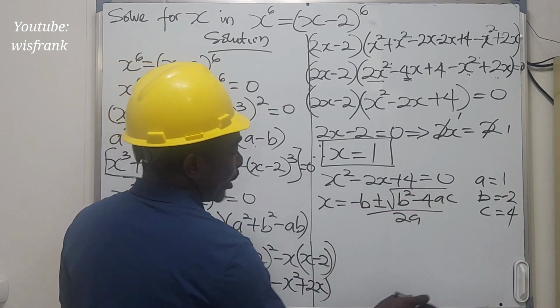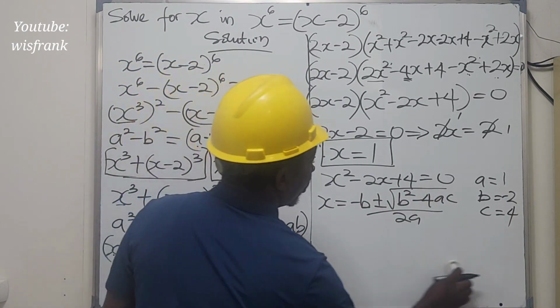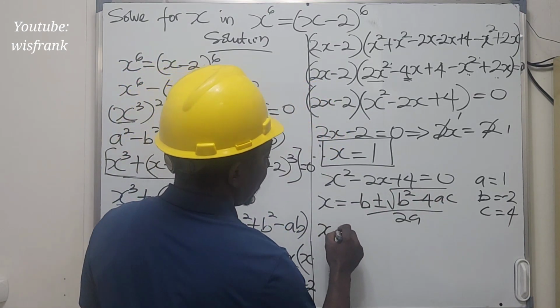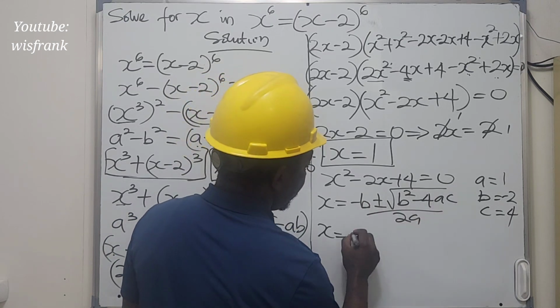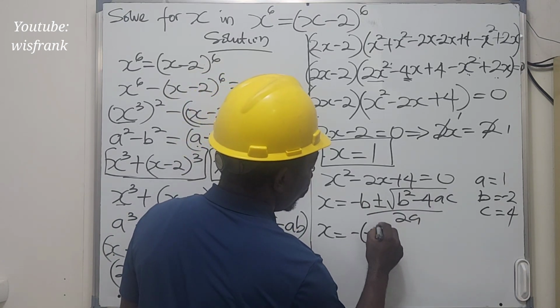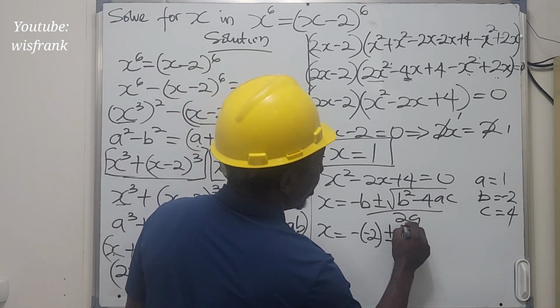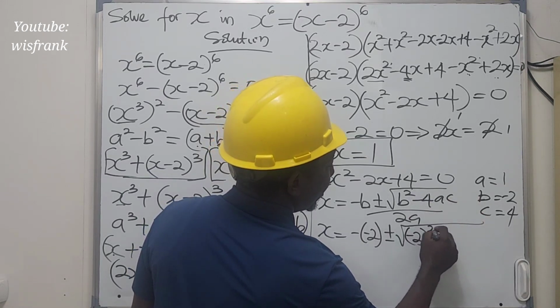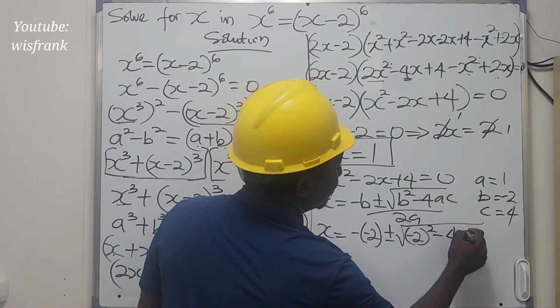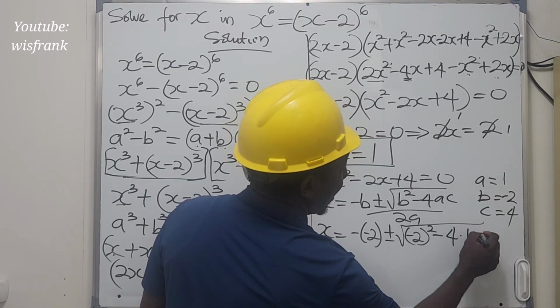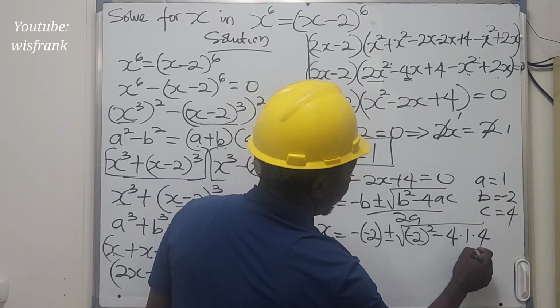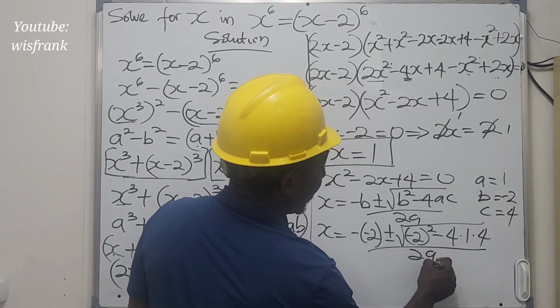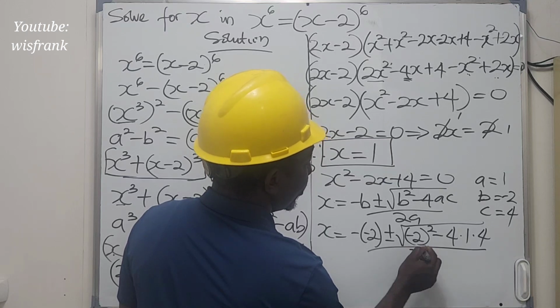So substituting those parameters into the equation, we have x equals to minus b, which is minus into minus 2, plus or minus square root of b squared, which is minus 2 squared, minus 4 times a, which is 1, times c, which is 4, all over 2a. 2a is 2 times 1.